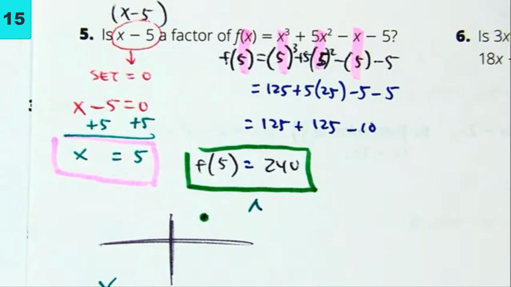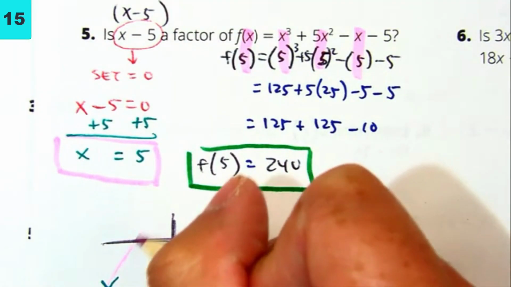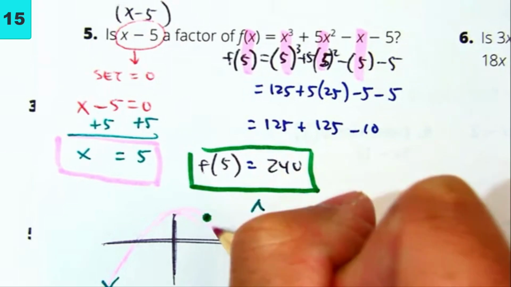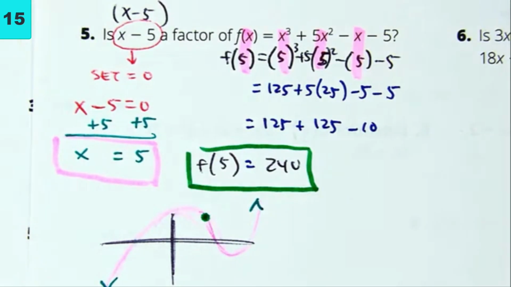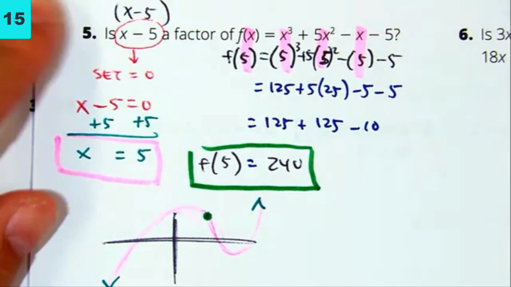So if I sketch a graph now, and from last week we kind of made a line through x equals 5.